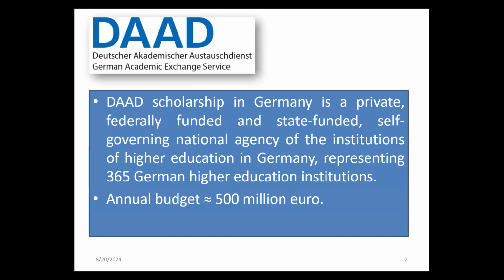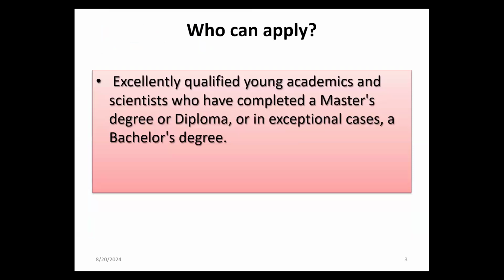And as I said last time, DAAD has a huge variety of scholarships for master applicants, for PhD, and even for PhD programs there are different types of programs, depending on the application requirements and the country. They also have some programs for postdocs. As I said, I will talk about the PhD grant and the application for PhD programs.